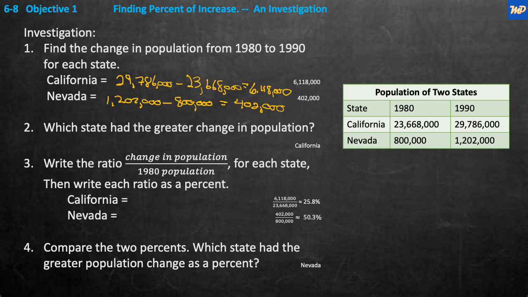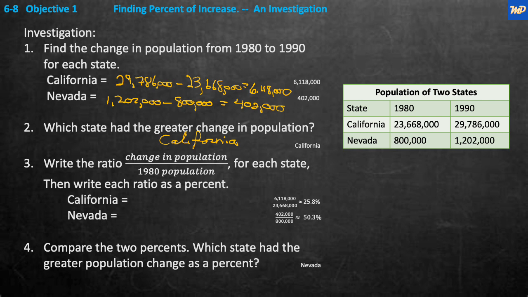So California increased by 6,118,000, and Nevada increased by 402,000 people. Which state had the greater change? Well, obviously California, right? Write the ratio, change in population over the original starting population for each state.